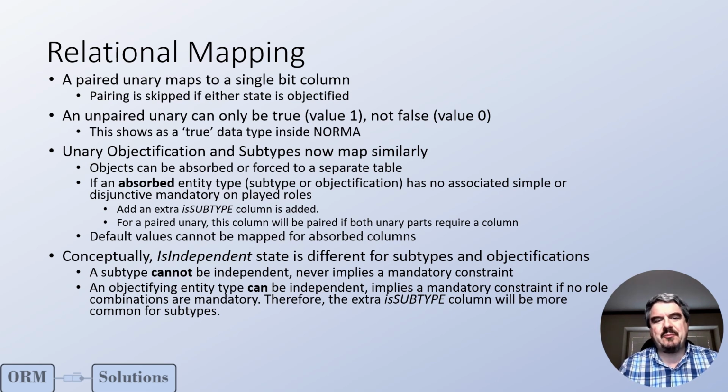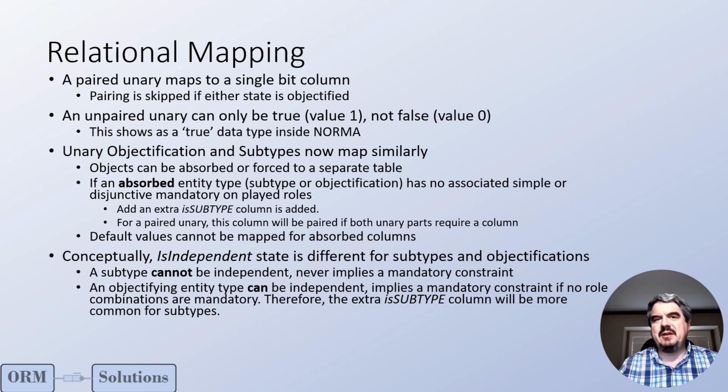If you play no roles at all as a subtype, there needs to be something that says I am of this subtype. So is a subtype is actually a fairly tricky concept in a lot of cases to figure out. It is often fully derivable, meaning I have a mandatory role in there. So if the supertype plays that role, and which maps to a column in the database, then it has to be of that subtype.